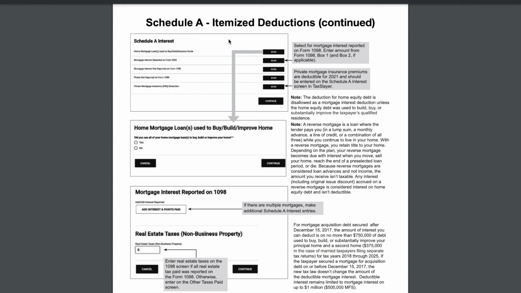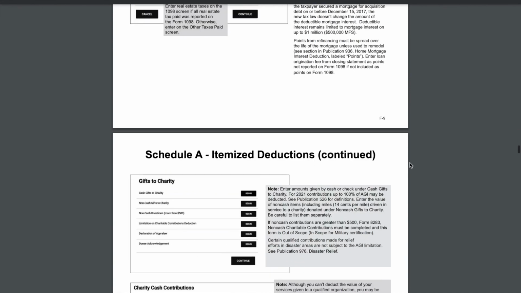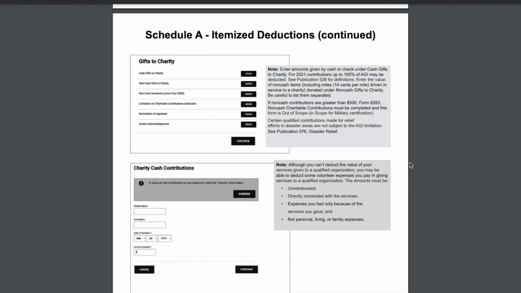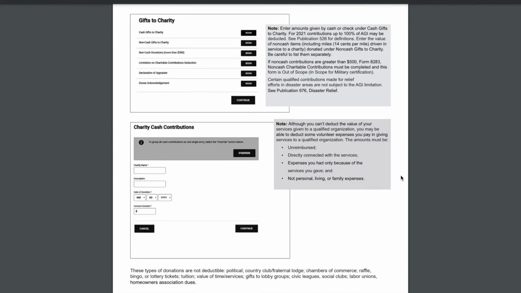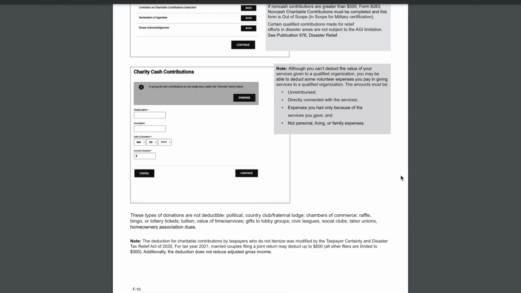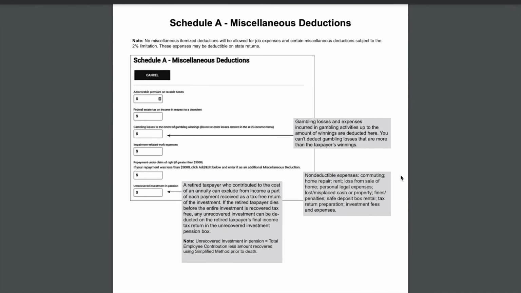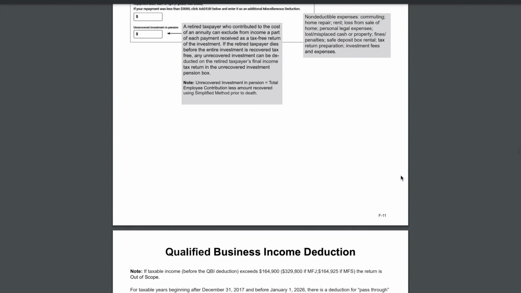Here, more info on how to enter information on itemized deductions, such as the home mortgage loans, which we talked about already, and mortgage interest. Then we have gifts to charity, which we talked about already. Really a lot of this section with regard to the itemized deductions is just entering stuff into the tax software, and so this section is really useful for figuring that out.